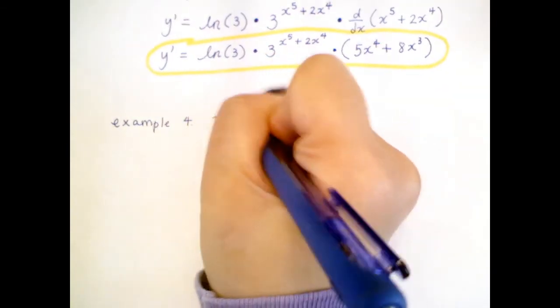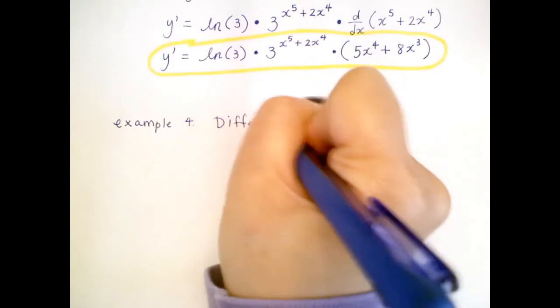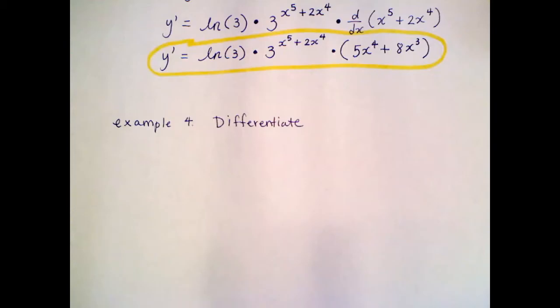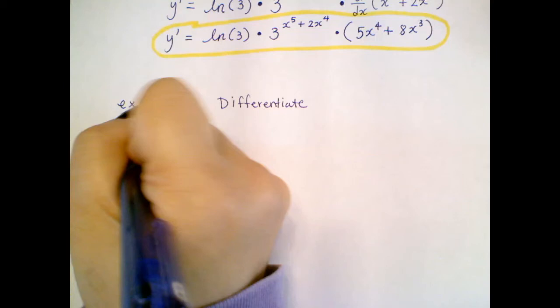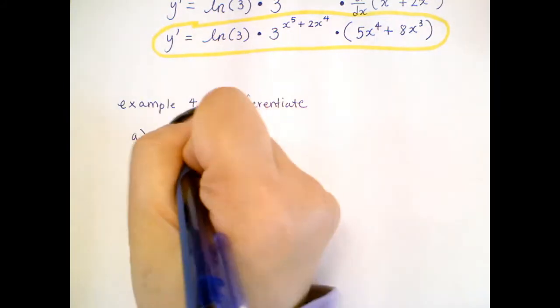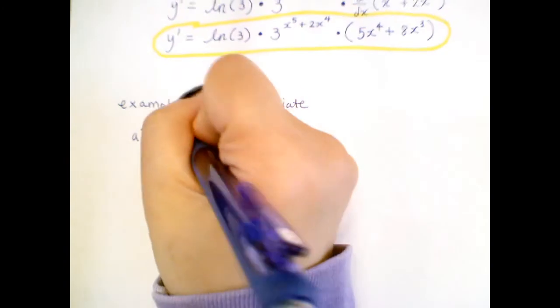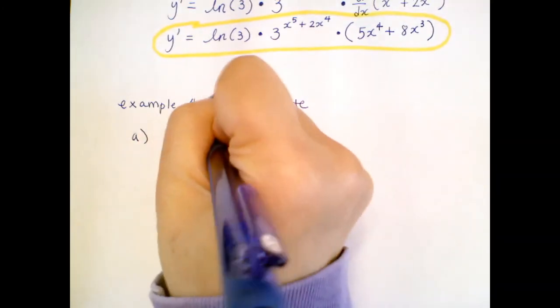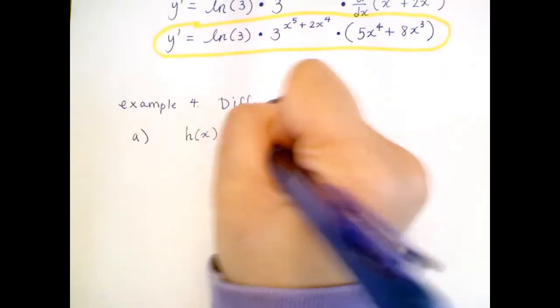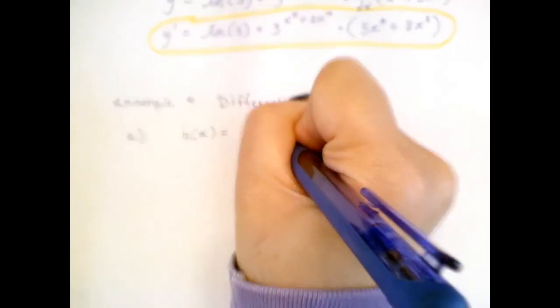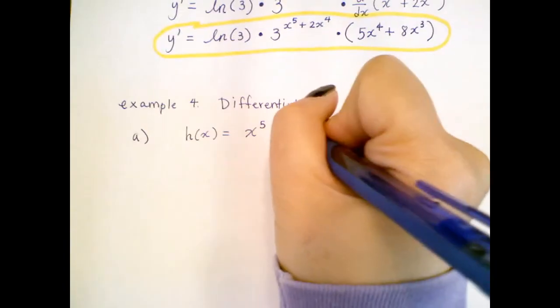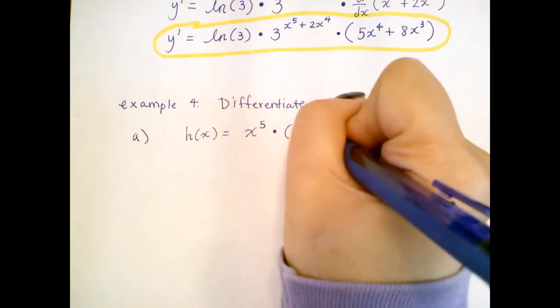So differentiate. Here you go. A. Let me call it h of x equals x to the 5th power times 3.5 to the x power.